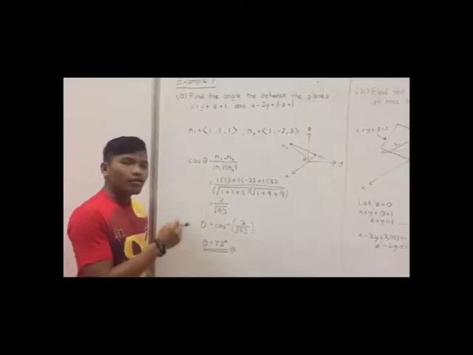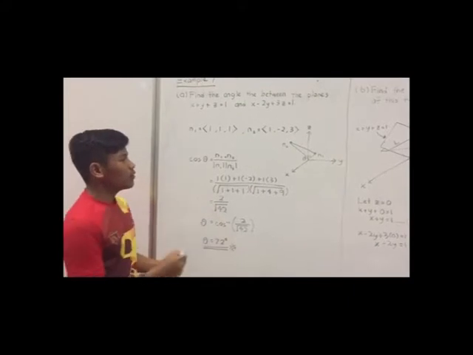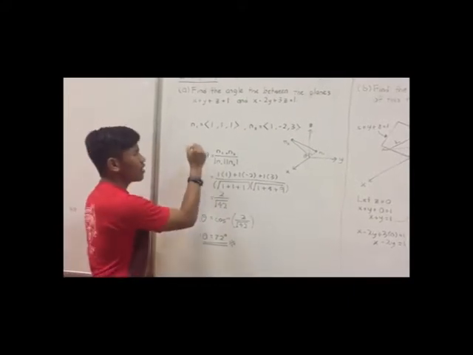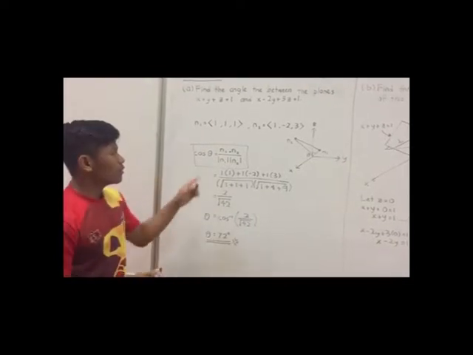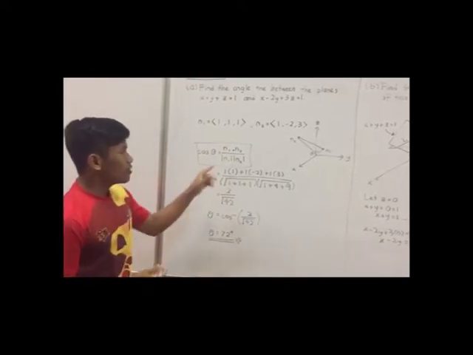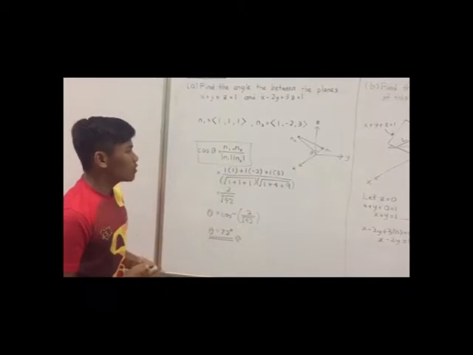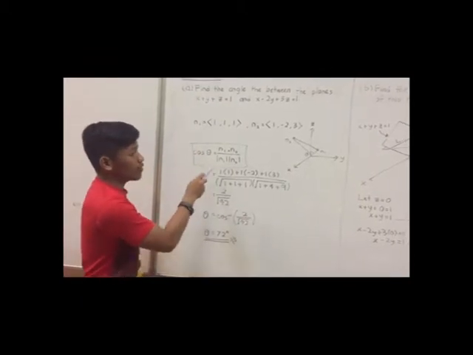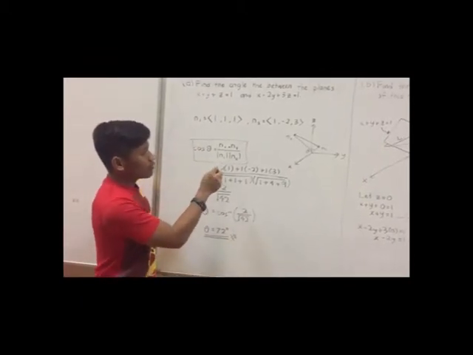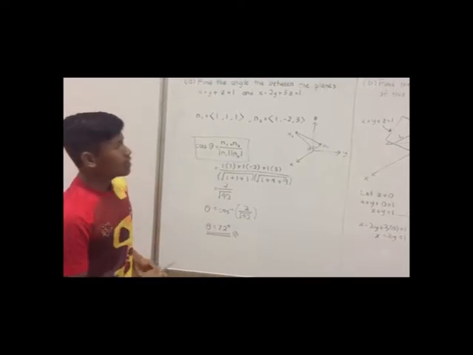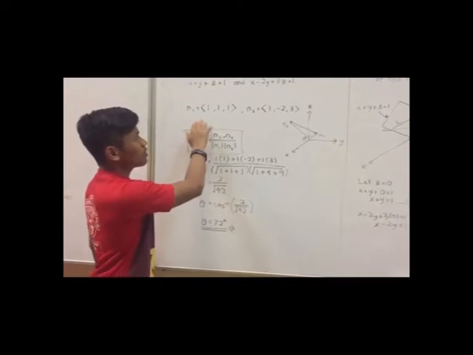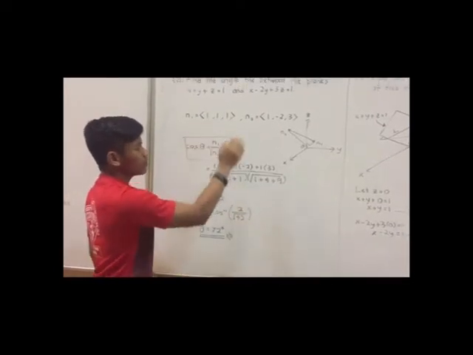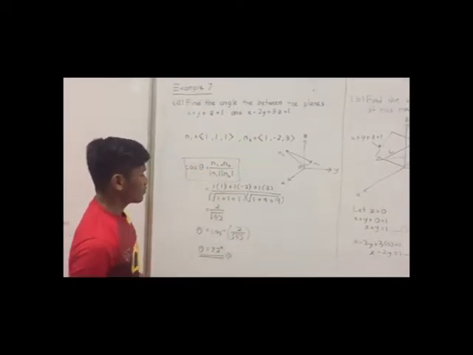To find the angle between the two planes, we use this formula: cos theta equals n1 dot n2 over the magnitude of n1 multiplied by the magnitude of n2. Then we just substitute the values of the normal vectors into this formula.